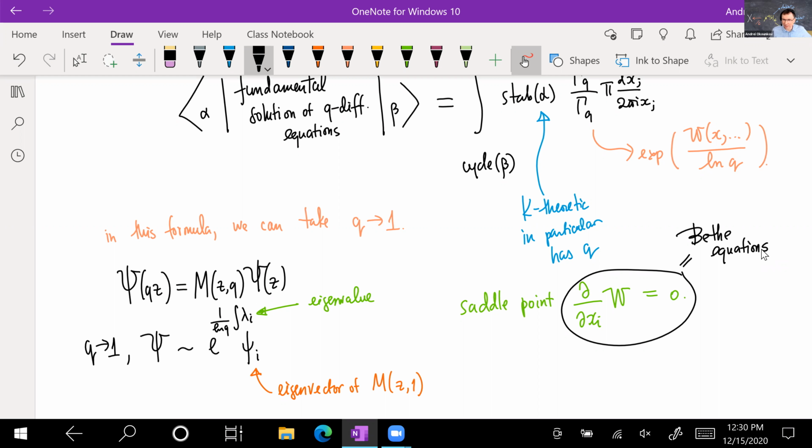So there'll still be an integral, so you don't worry about the insertion stop, which we worry about now, but it's still an integral. The saddle point of the integral, you see in examples, gives you Bethe equations. And so this tells you that the spectrum is going to be given by the Bethe equation.